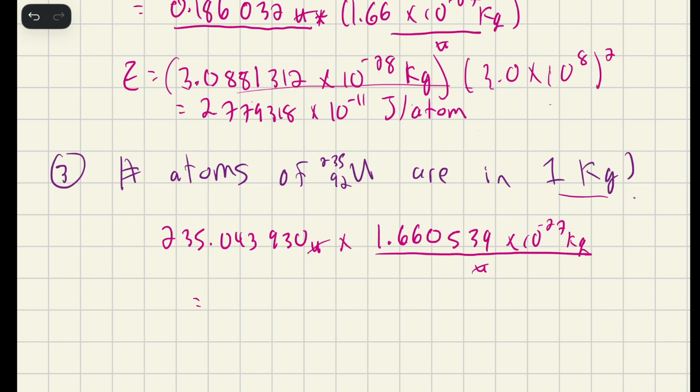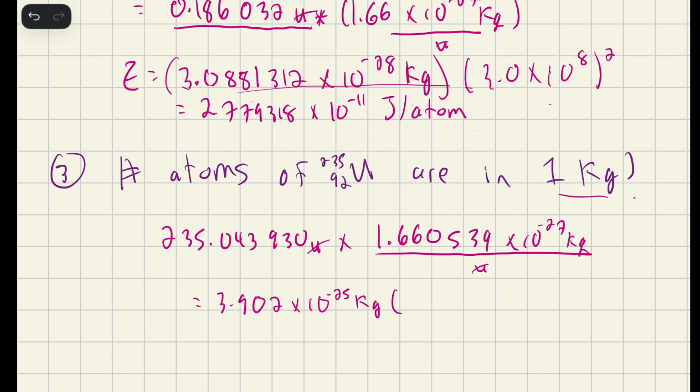And this tells us that every atom of uranium weighs about 3.902 times 10 to the negative 25 kilograms.